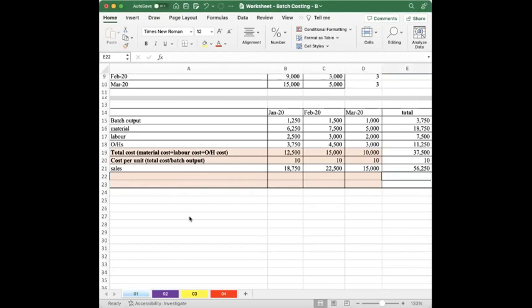Now, how are we going to find out the profit? We're supposed to find out the profit, right? We found the sales. For profit, we take the difference between sales and total cost, since we found the total cost here.